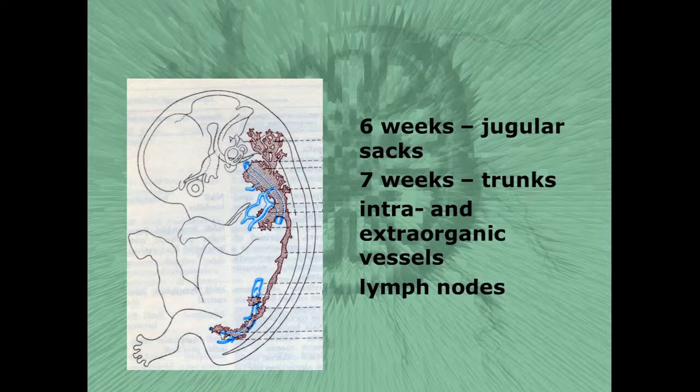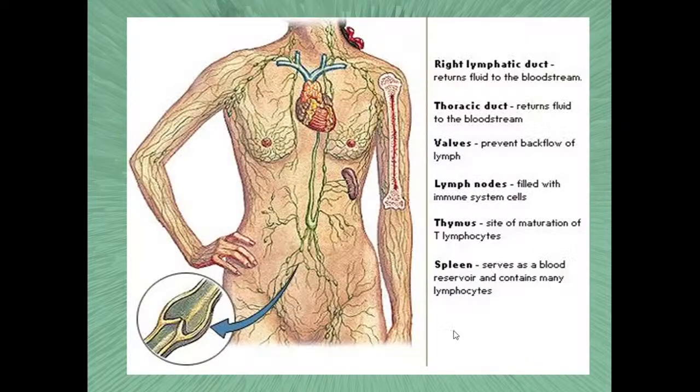As I told you before, the lymphatic system consists of lymphatic capillaries, small capillaries starting from the periphery. These lymphatic capillaries join together and form lymphatic vessels, interrupted along the pathway by lymph nodes. Then larger-diameter lymphatic vessels join together and form lymphatic trunks.